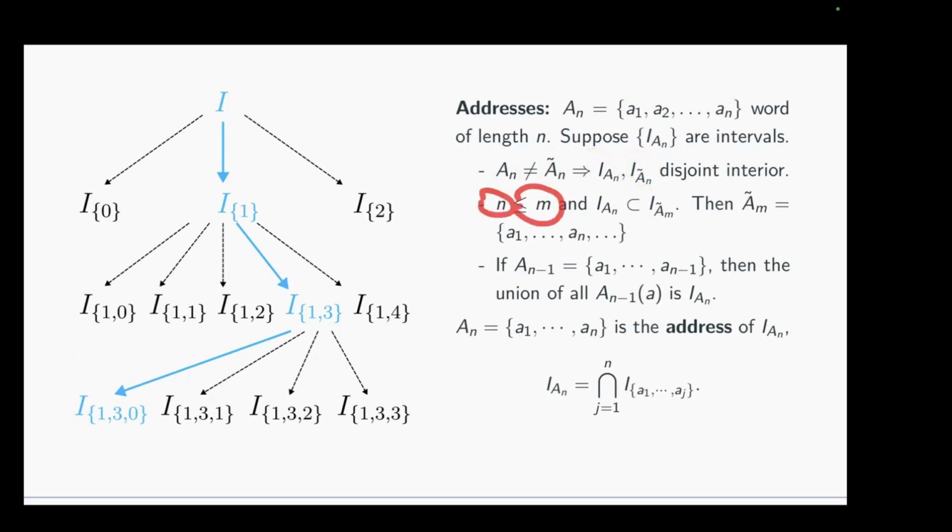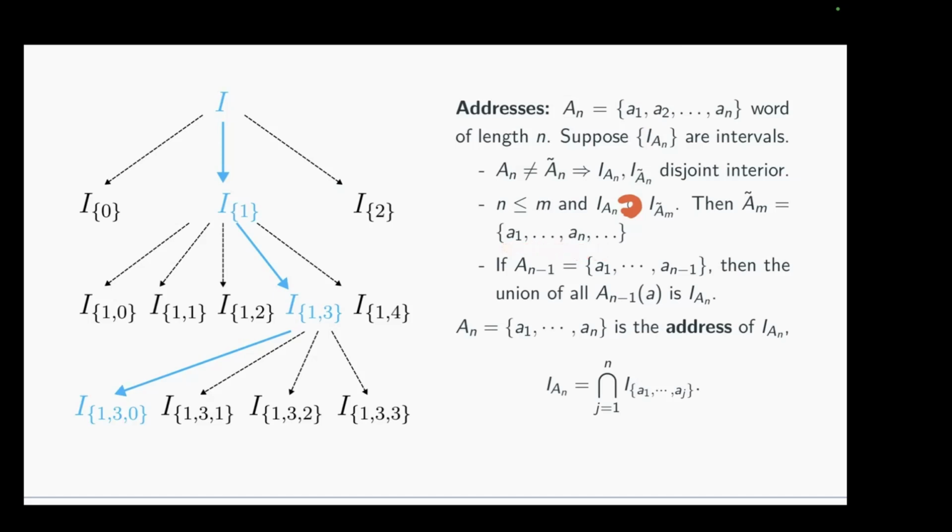If n is less than or equal to m, and a word of length n is contained in a word of length m, then, I think I wrote this the other way around, this should go in this direction, we can obtain the word a_m by adding a few entries to the word a_n, where these are the entries of the word a_n.